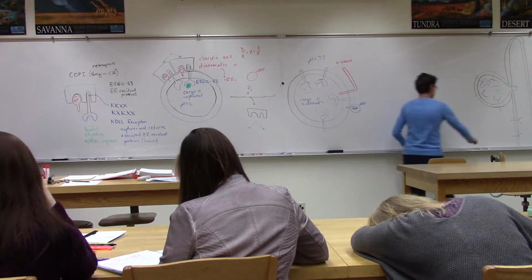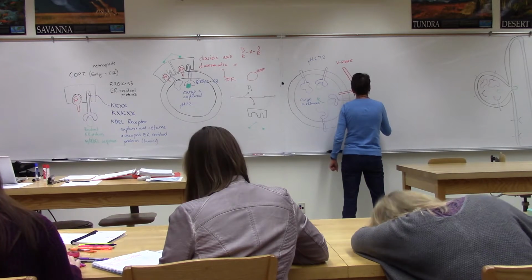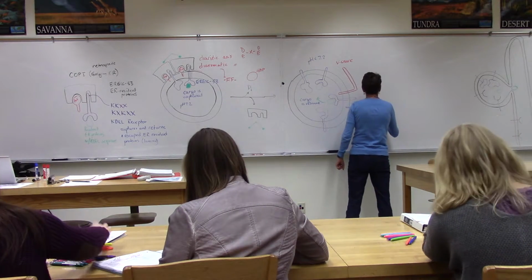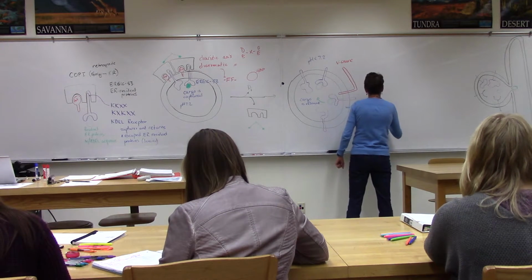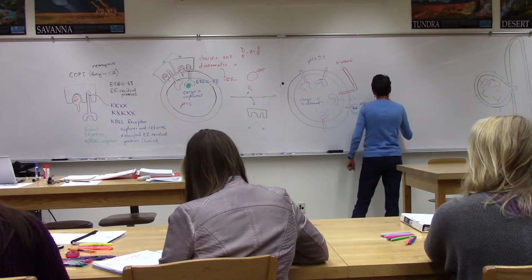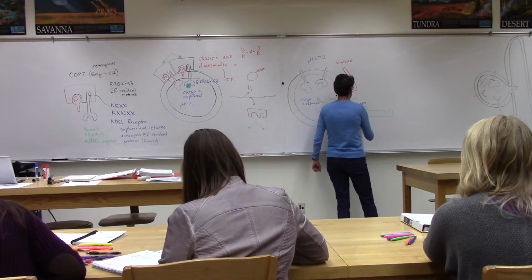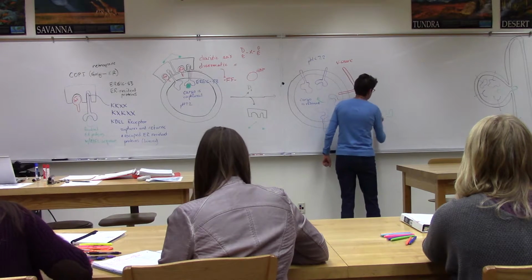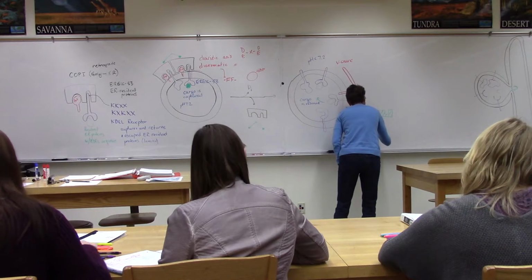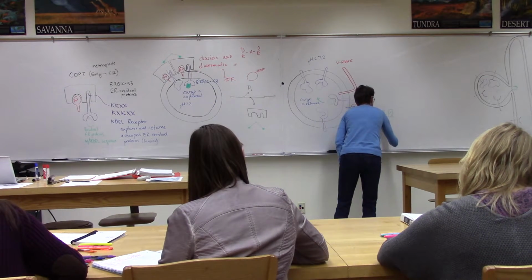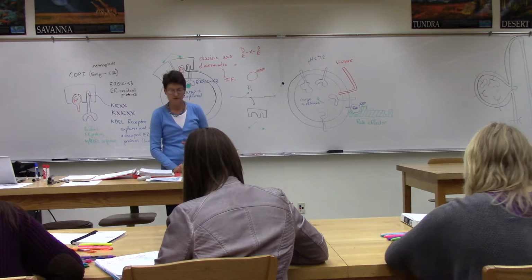So I'm going to draw a second protein, called the RAB effector. And there are lots of different kinds of RAB effectors.